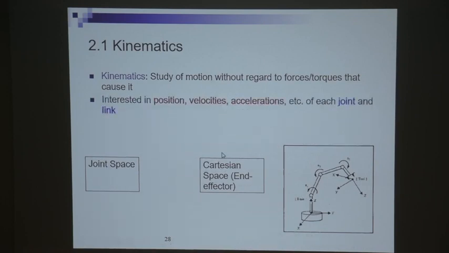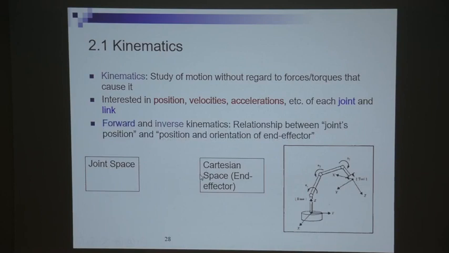We are interested in the position, velocity, and acceleration of each joint, as well as each link. So this is a joint. Theta 3, theta 2, theta 1 refer to the rotation angle of the joint. And the link is the link between the joints. What happens here is you have the forward and inverse kinematics.